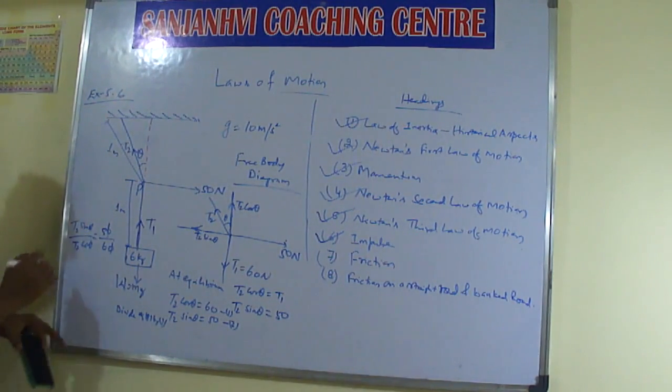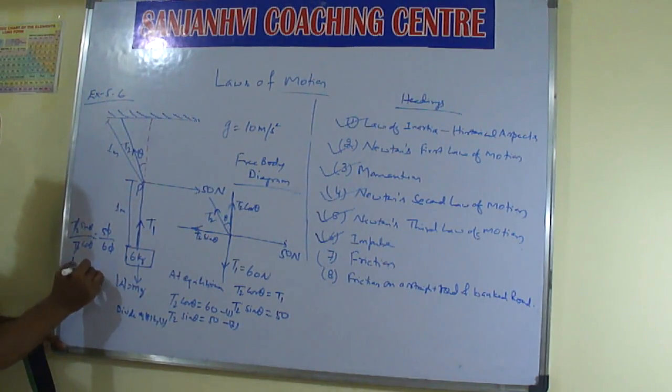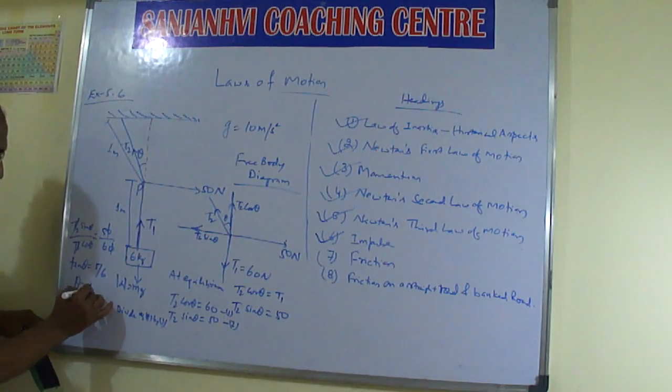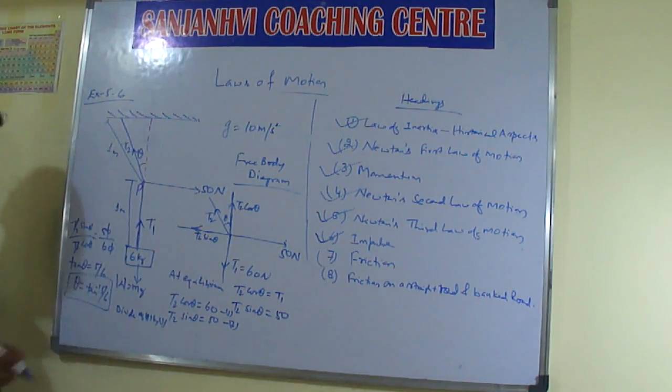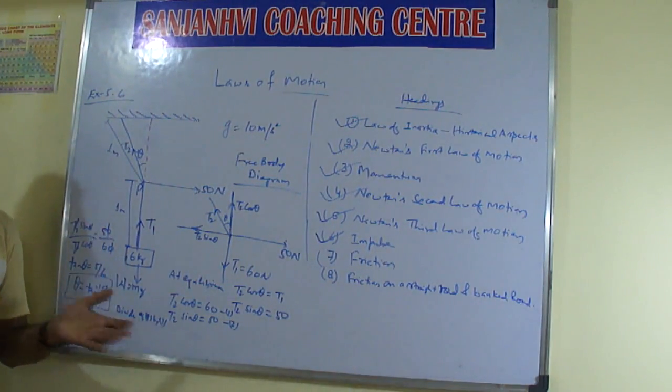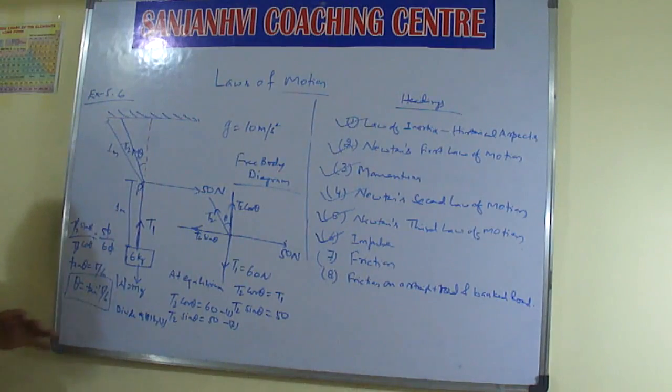This T2 has got cancelled. So tan theta is equal to 5 by 6. It means theta is equal to tan inverse 5 by 6. Leave it here, unless any angle value is asked in the question. Otherwise you can leave it here itself, your answer will be correct. Note it down.